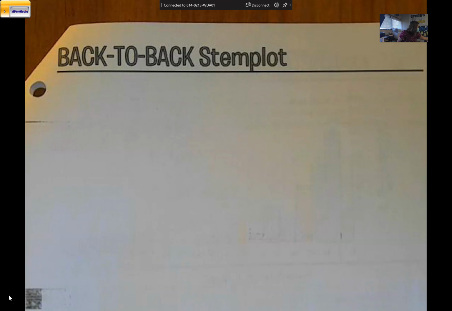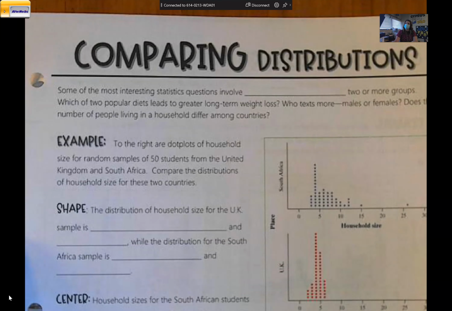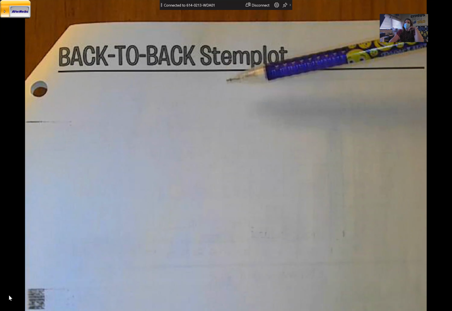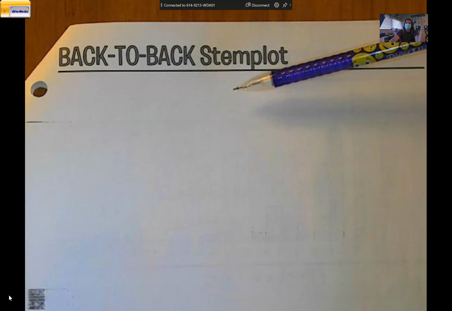I brought you a note sheet. We'll get to this note sheet next. But to set us up for comparing distributions, I want to look at this back-to-back stem plot that I had you wait on when we first learned stem plots and histograms and dot plots.